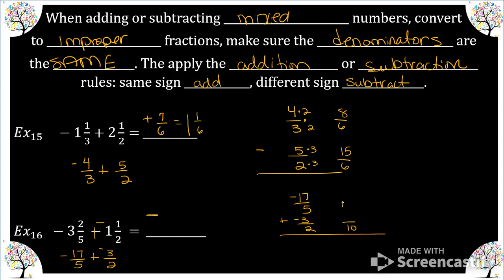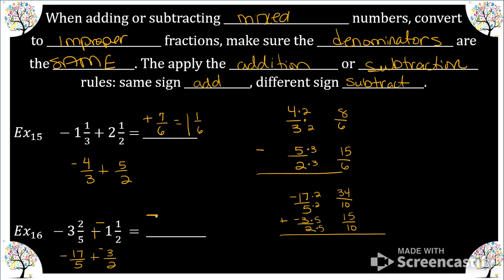This time 10 is going to be our common denominator. So 5 times 2 gave us 10. So 17 times 2 is 34. 2 times 5 is 10. Therefore, 3 times 5 is 15. I'm not really worrying about the negative in all of this because I've already established the sign in my answer over here.